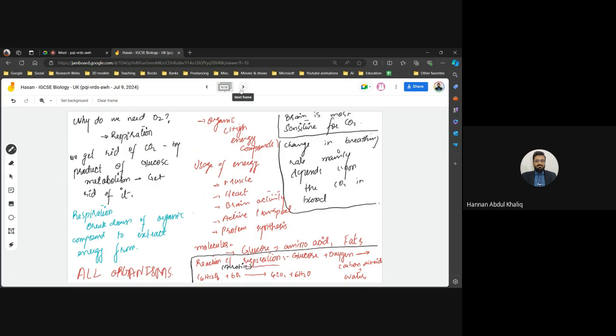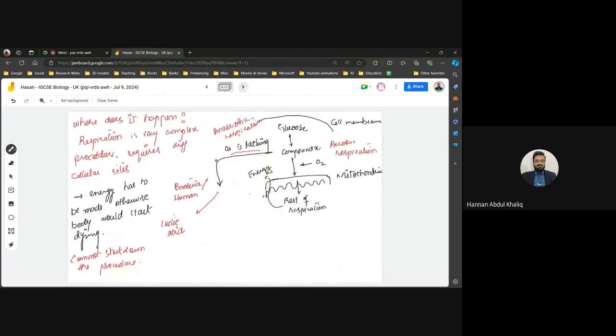What happens now? The end product of aerobic respiration is what? Carbon dioxide and water, and along with that, energy. But the end product of anaerobic respiration is lactic acid plus very low amounts of energy. That is one type of anaerobic respiration.